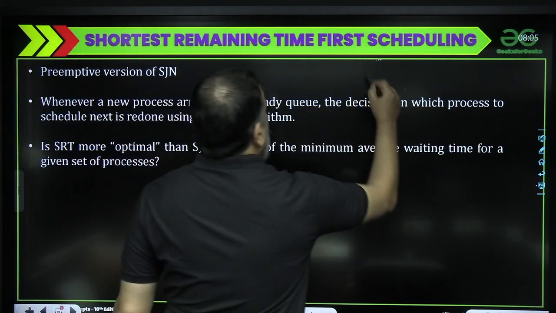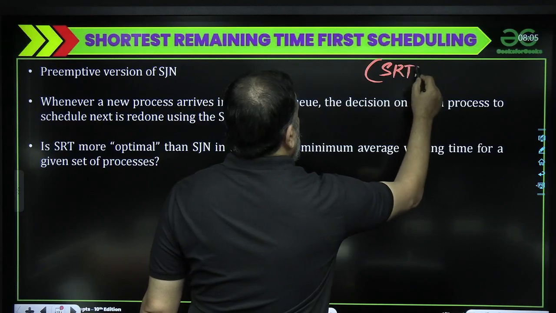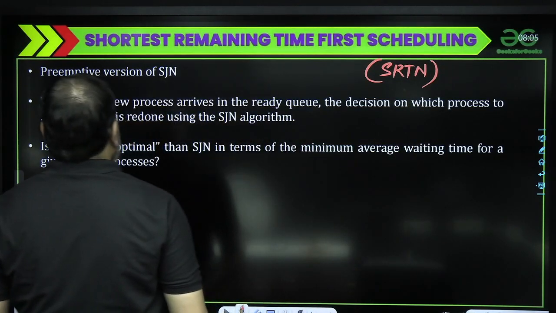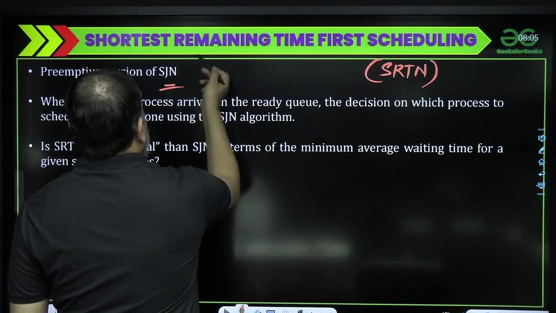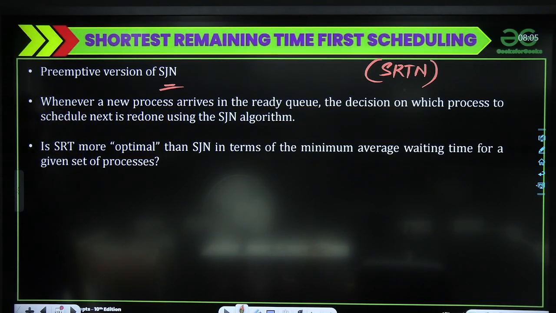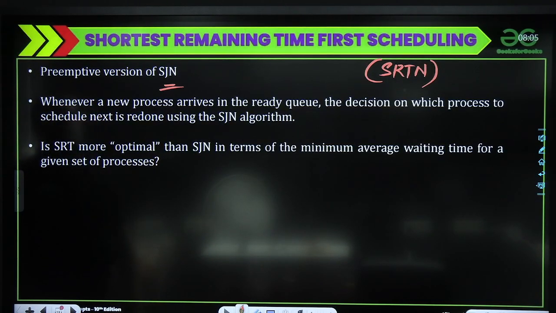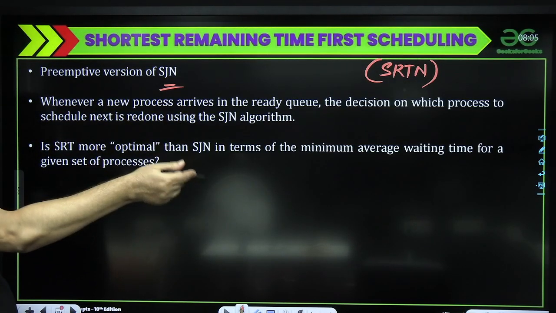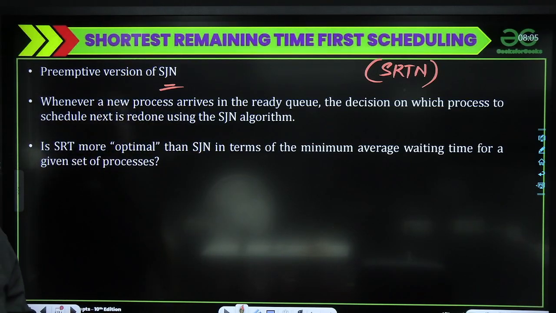In short, generally we write SRTN, shortest remaining time first, the preemptive version of shortest job next or shortest job first. The point is, whenever a new process arrives in the ready queue, the decision on which process to schedule next is redone using the shortest job first algorithm. Are we going to continue the running process, or give the chance to the new process?